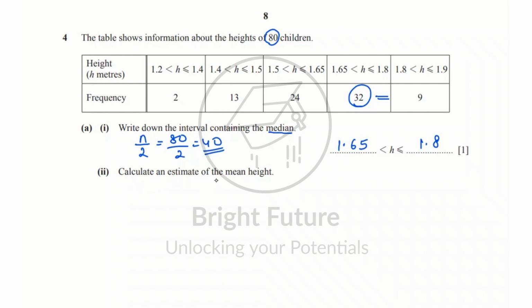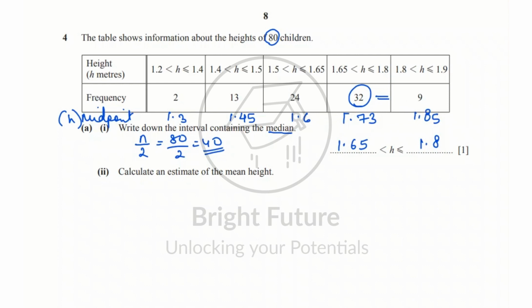Calculate an estimate of the mean height. Take midpoints, h. So this becomes 1.3, 1.45, 1.6, 1.73 and 1.85.